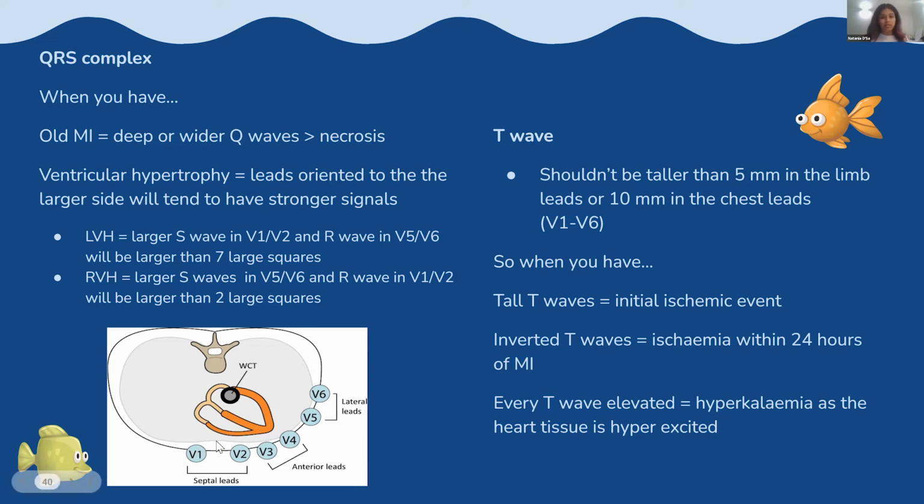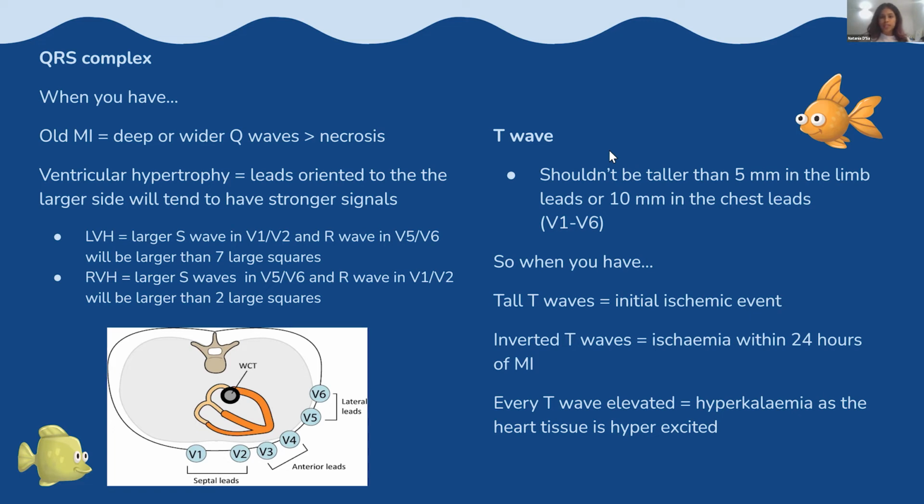So even though you have left and right, V1 and V2 are involved, V5 and V6 are involved, and it's interchanged where you're seeing the larger S wave compared to the larger R wave. Have a look at this diagram if you're getting confused. For left ventricular hypertrophy, I'll see a larger S wave in V1, V2 on the right side, and the R wave will be larger than expected for V5, V6 directly on that left side.